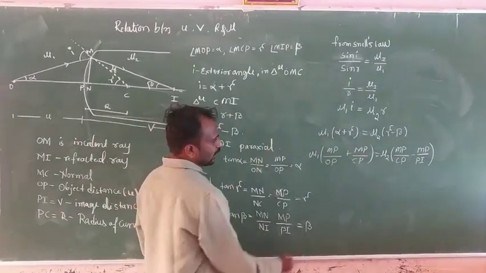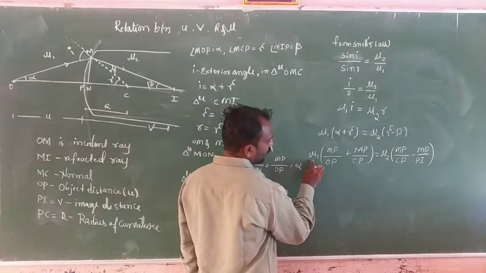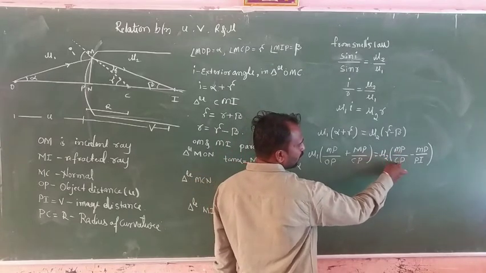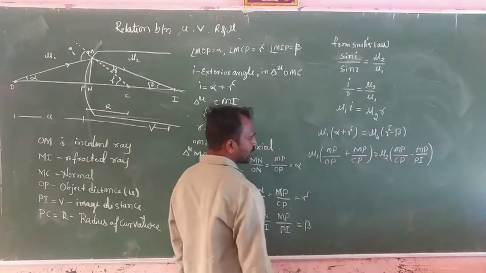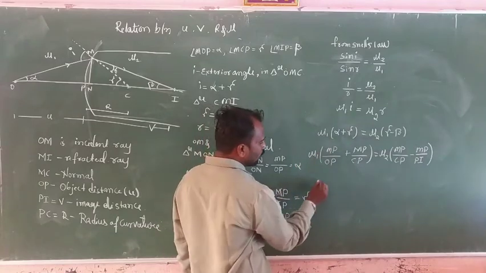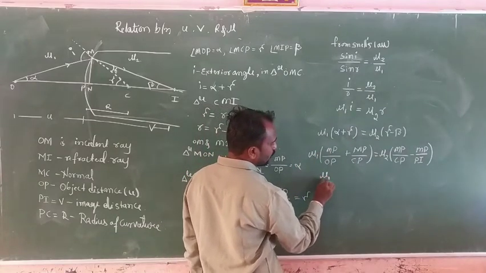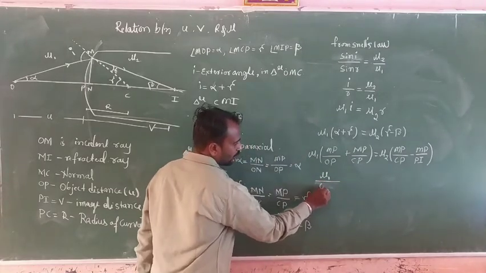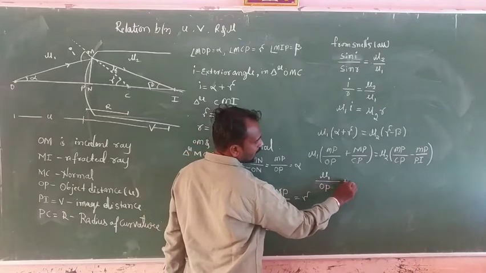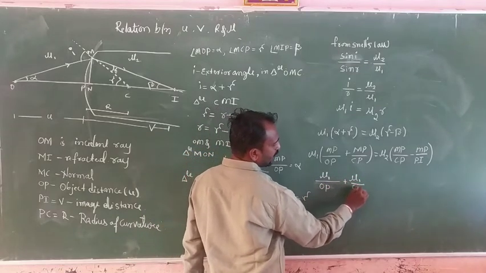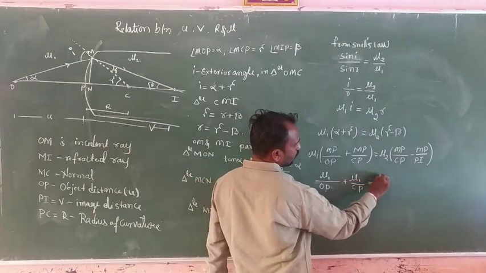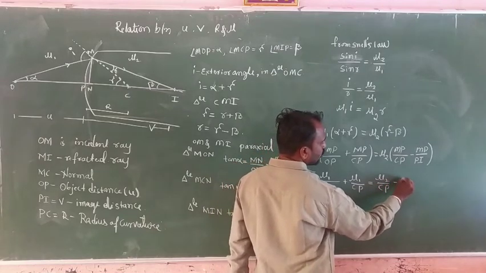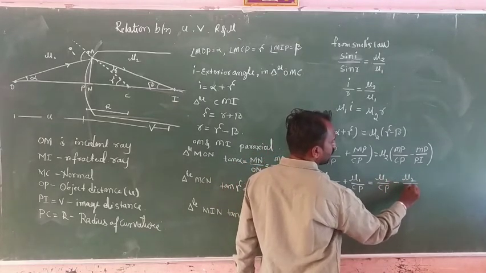Okay, MP taken common outside, it cancels, then we get mu1 into 1 by OP plus 1 by CP is equal to mu2 into 1 by CP minus 1 by PI. Multiplying, finally we get mu1 divided by OP plus mu1 divided by CP is equal to mu2 divided by CP minus mu2 divided by PI.